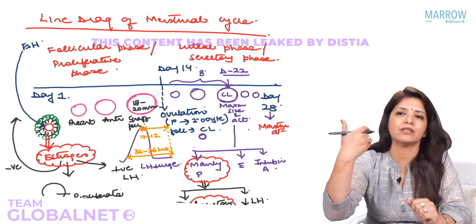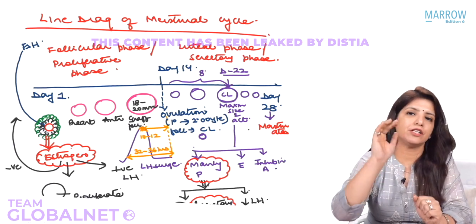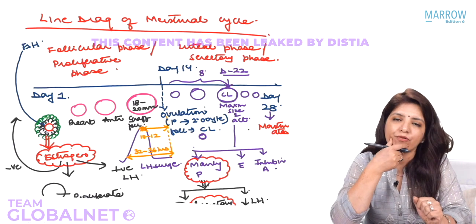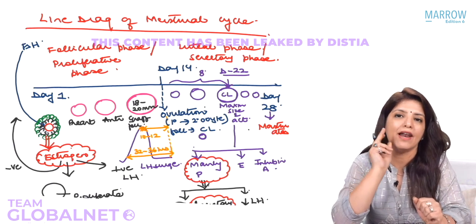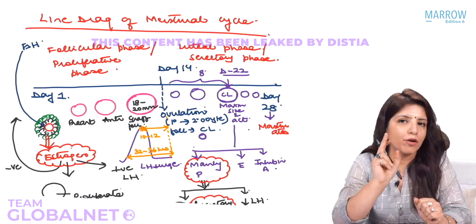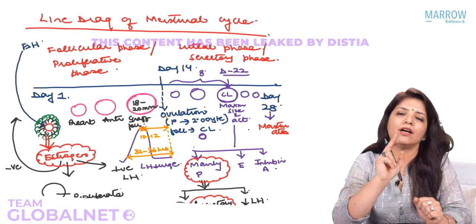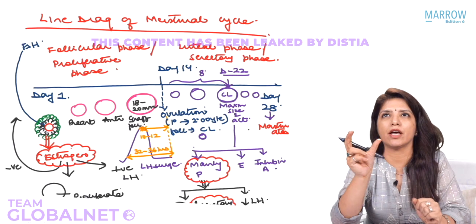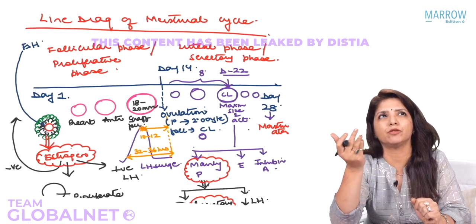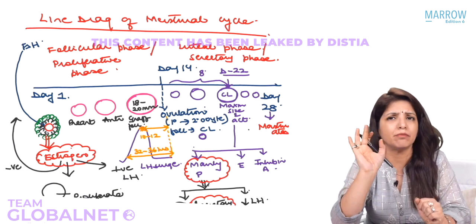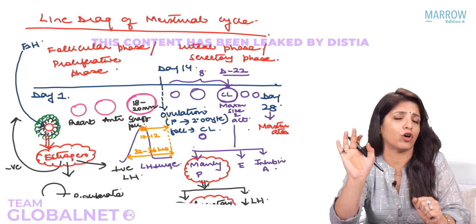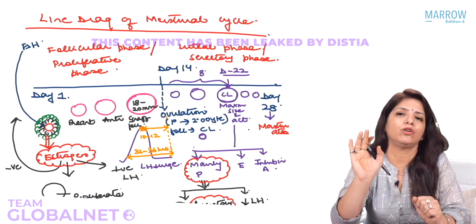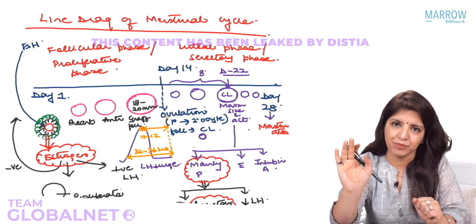Menstruation happened means that the corpus luteum has already degenerated, right? So if I ask you what is the lifespan of corpus luteum in a non-pregnant female, your answer will be that, ma'am, it was there till 14 days and by 14 days menstruation has also happened. That means roughly the lifespan of corpus luteum would be 10 to 12 days, right?